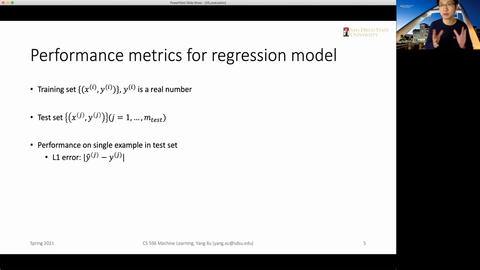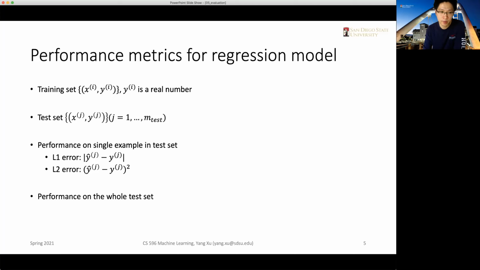Or we can use L2, which is just the difference raised to the power of 2. It is also the basis for the mean square error. So L2 is just a fancier name for the square error.